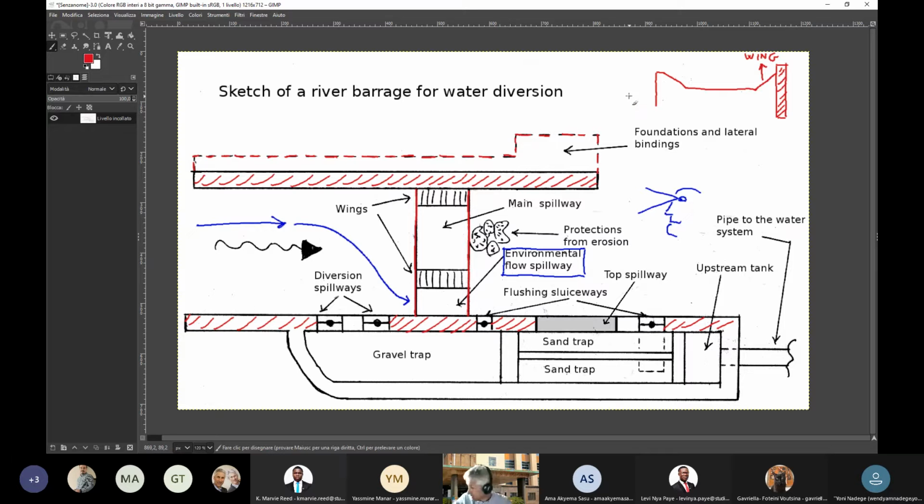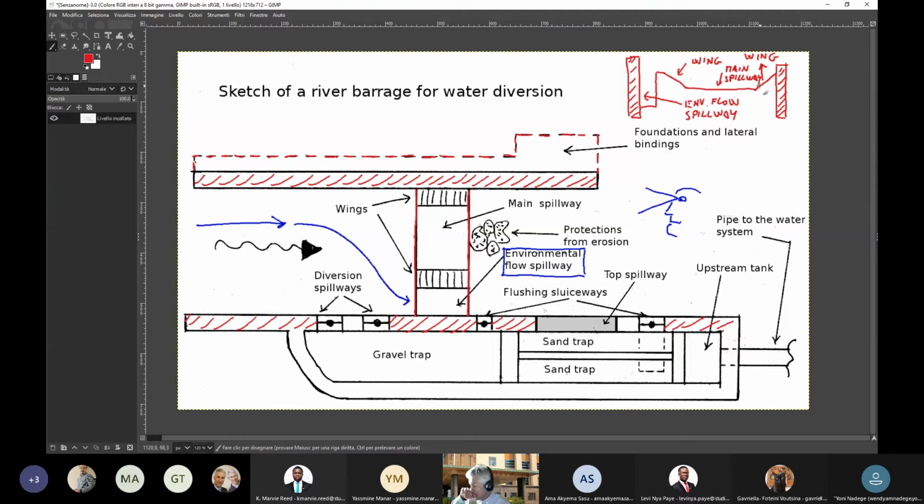And then there is the other sidewall. So this is again the wing, and this is the environmental flow spillway, and this is the main spillway.